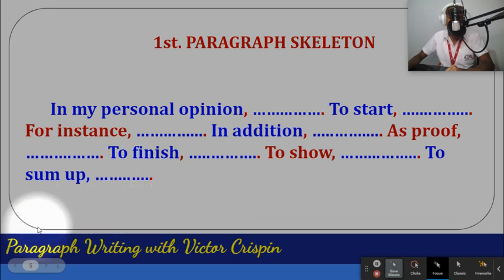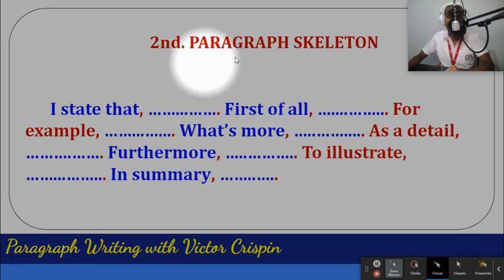The same happens in the following slide. Here I have the second paragraph skeleton, the same procedure. After I state that, I introduce the topic sentence. First of all, I present my first supporting sentence. For example, introduces the example. What's more, introduces the supporting sentence.